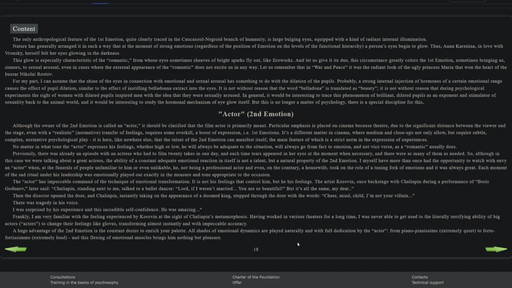It is not without reason that during psychological experiments, the sight of a woman with dilated pupils inspired men with the idea that they were sexually aroused. In general, it would be interesting to trace this phenomenon of brilliant dilated pupils as an exponent and stimulator of sexuality back to the animal world, and it would be interesting to study the hormonal mechanism of eye shine itself. But this is no longer a matter of psychology. There is a special discipline for this.